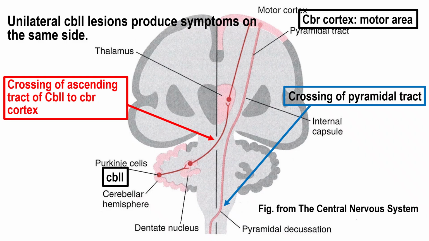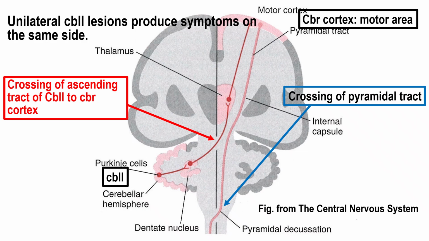So, why do symptoms of unilateral cerebellar lesions appear on the same side as the lesion? Both the ascending fibers from the cerebellum to the cerebral cortex and the descending fibers from the cerebral cortex to the spinal cord, called the pyramidal tract, are crossed.